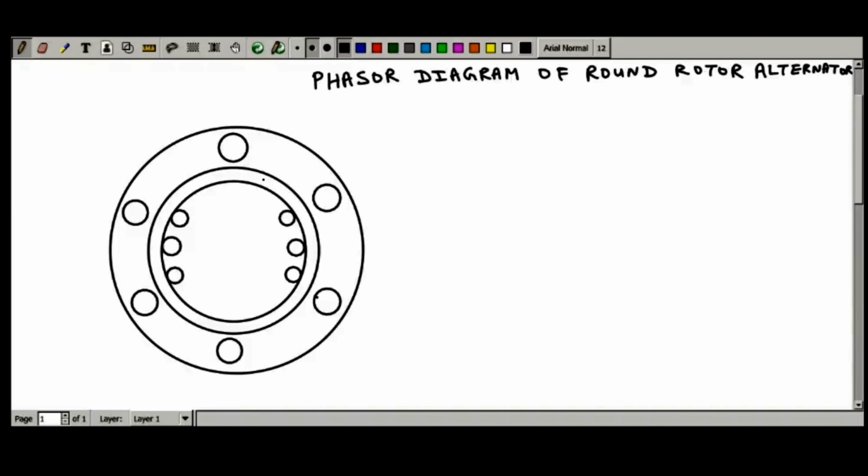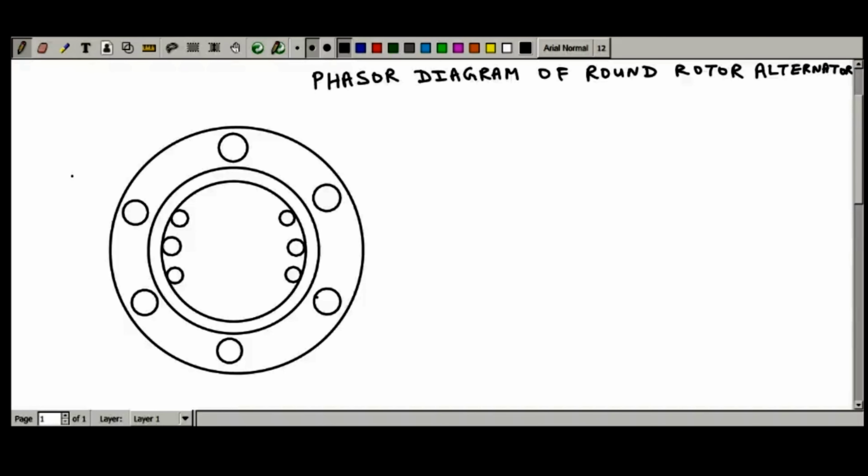And we usually give DC supply to the field winding with the help of two brushes and slip rings, which are connected to the positive and negative terminal of the DC supply. So the field winding is housed on the rotor, and the two ends of the field winding are connected to slip rings, and these slip rings are mounted on the shaft, but they are insulated from the shaft.